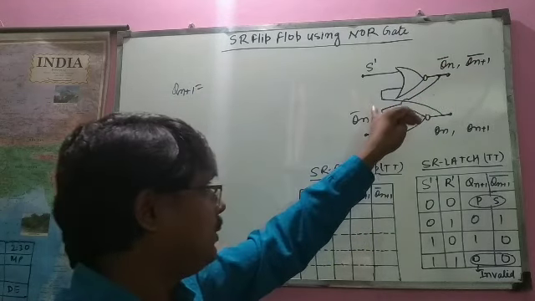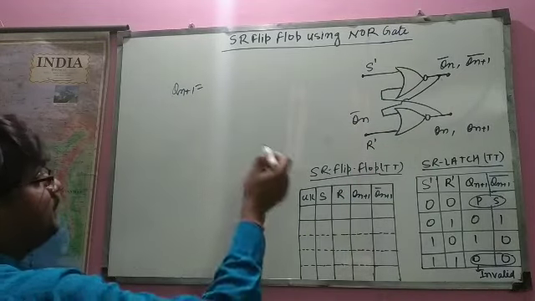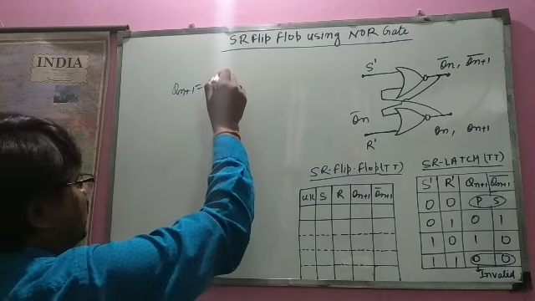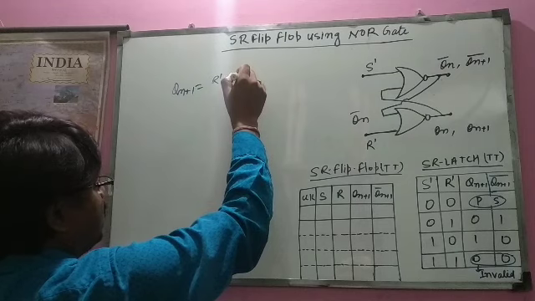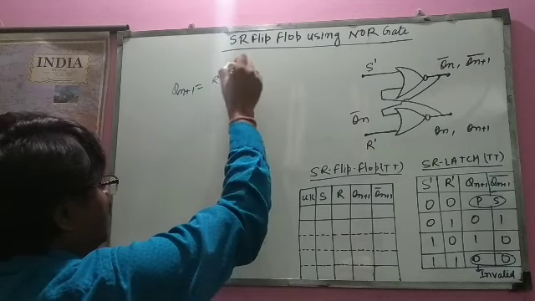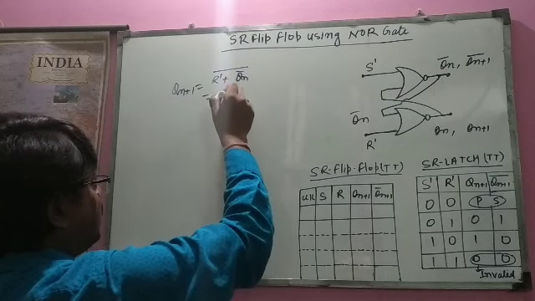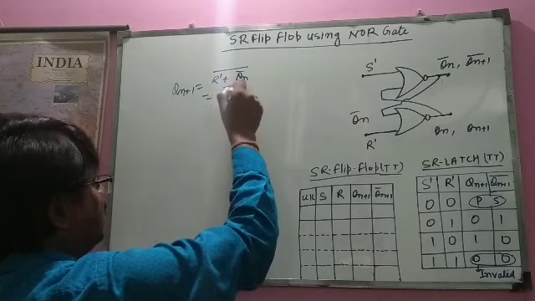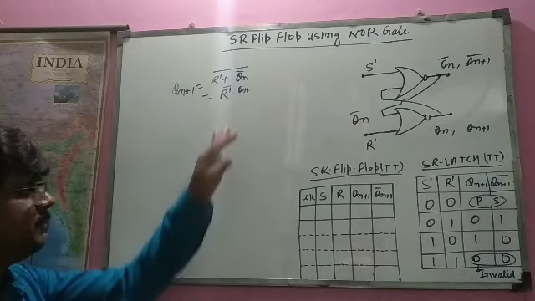So this Qn bar will come here, and this will be R dash, and this is a NOR gate. So it will look like R dash plus Qn bar, the whole bar. Okay, so it will look like R dash bar into Qn double bar.